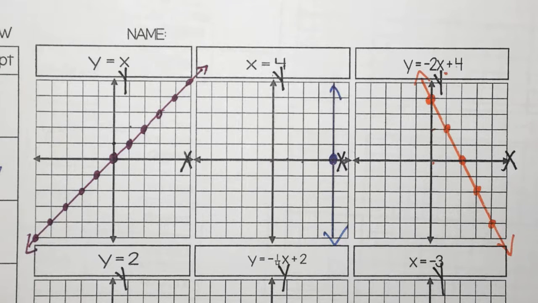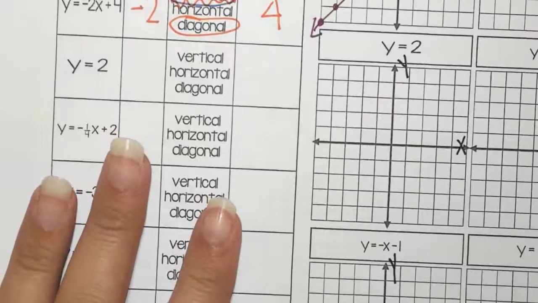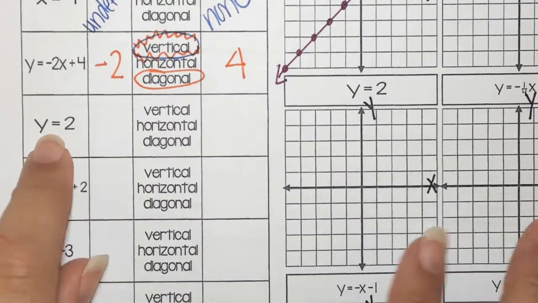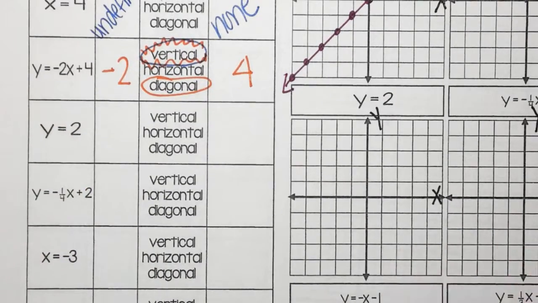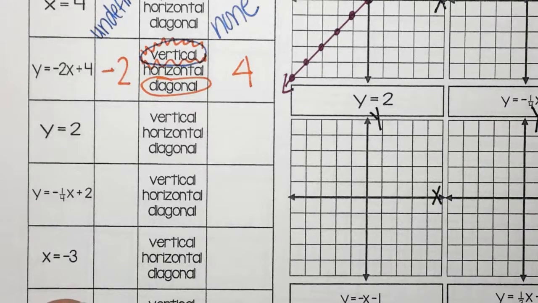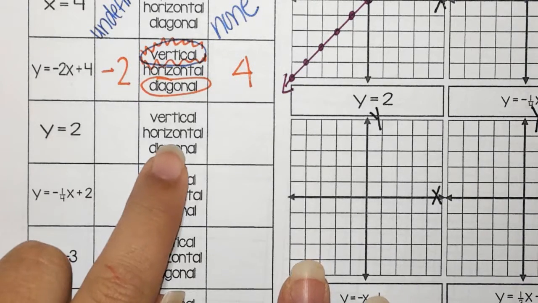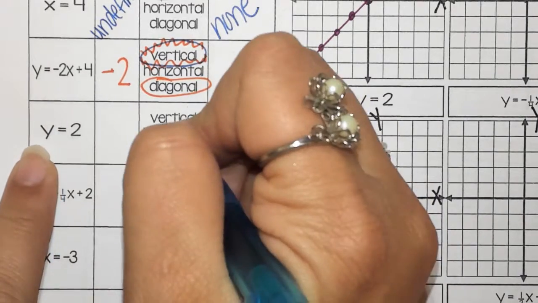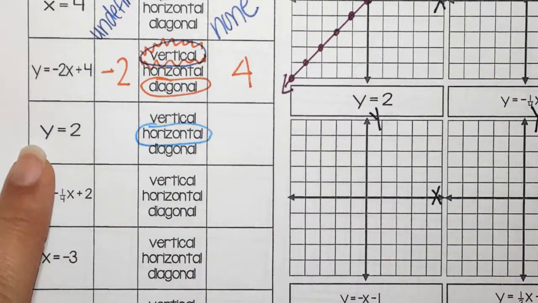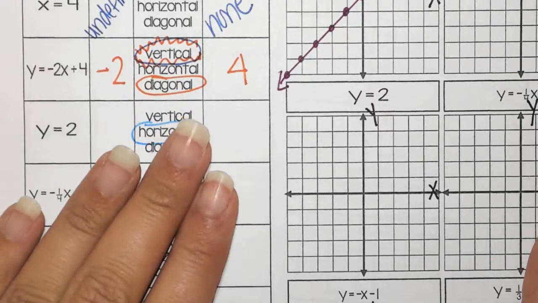Now, Damien, can you please tell me if this is going to be a diagonal, horizontal, or vertical line? I want you to tell me why it has a horizontal line. Because it says Y. Yes, thank you. Take a point. So it's going to go through the y-axis.